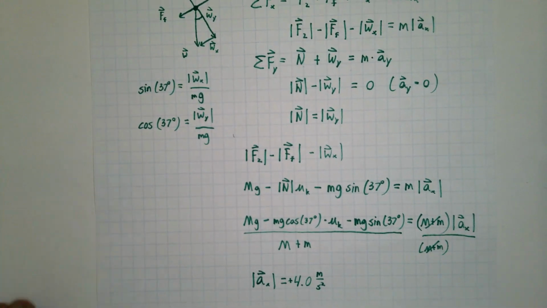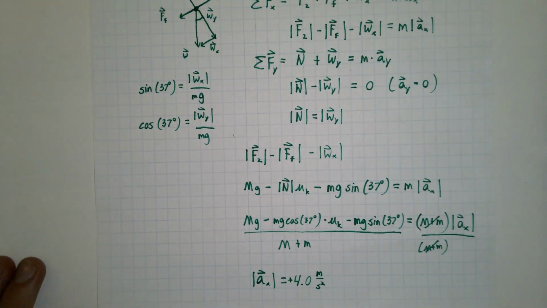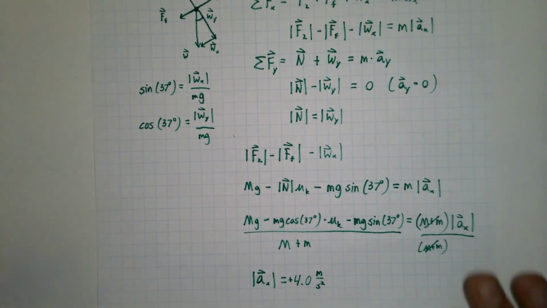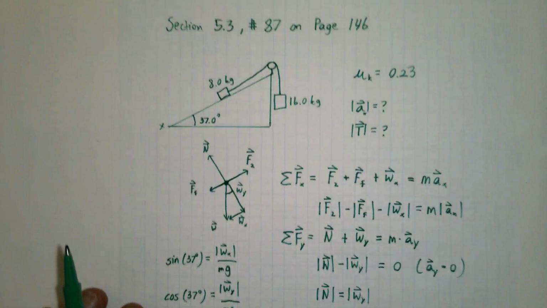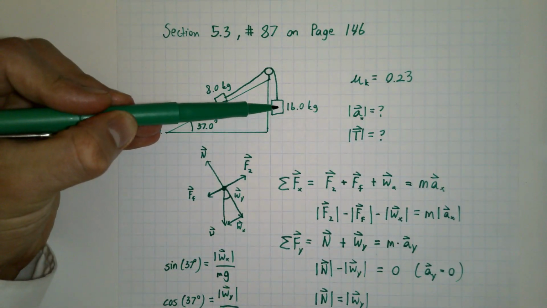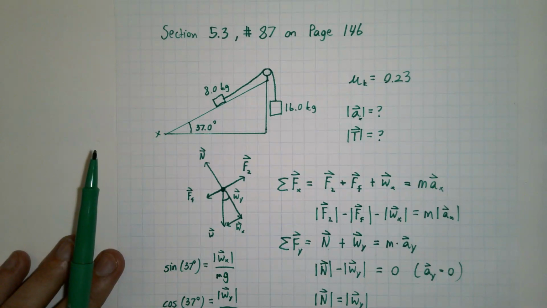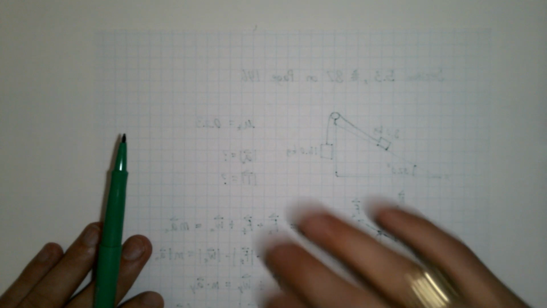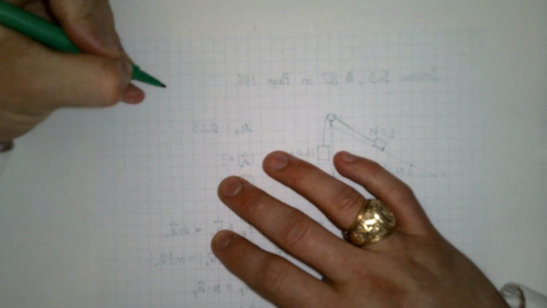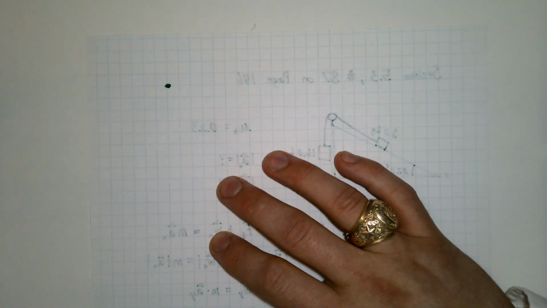Now, if we want to find the tension in the string that attaches the two blocks, let's look at the simpler object in order to evaluate tension. Let's look here at this 16 kilogram block in its free body diagram. We'll represent the 16 kilogram block with a single dot.